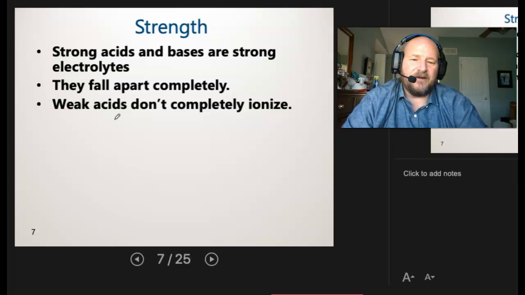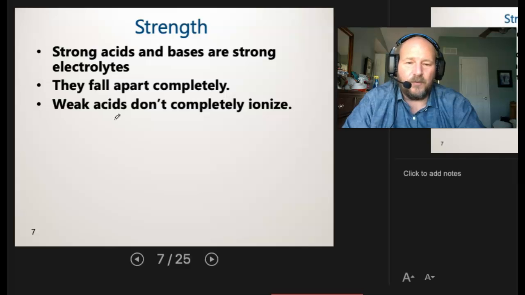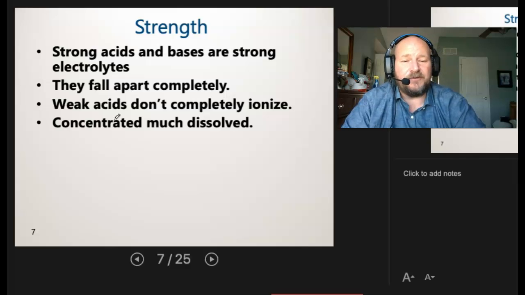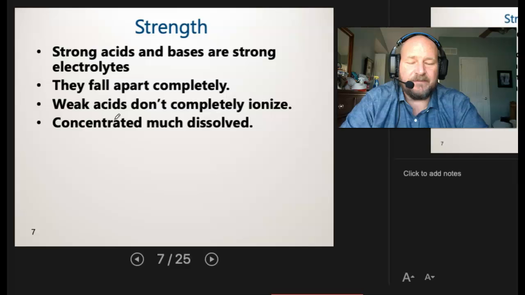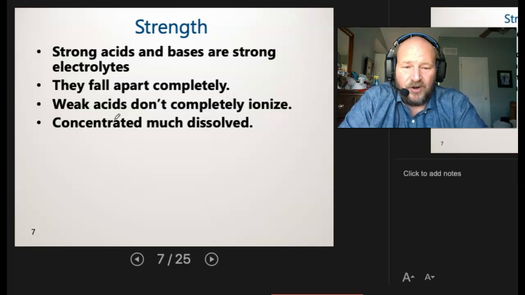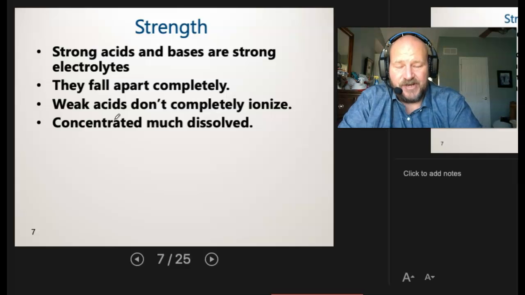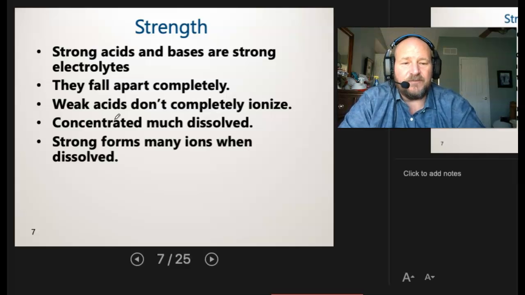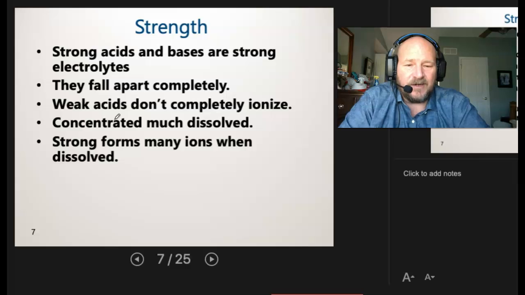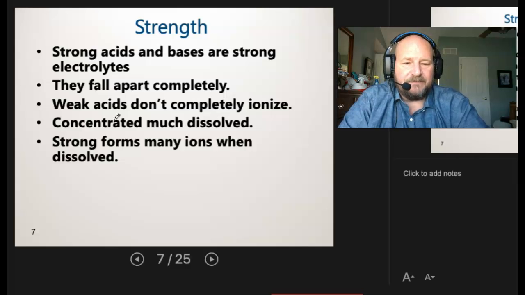Are they completely falling apart, or are they not completely falling apart? Now, if I increase the concentration, whether it's a weak acid or a weak base, that will also have an impact on the strength. However, if it's a strong acid or a strong base and it's concentrated, then you can imagine we're going to have lots of ions in the water, which means we're going to see more chemical reactivity.